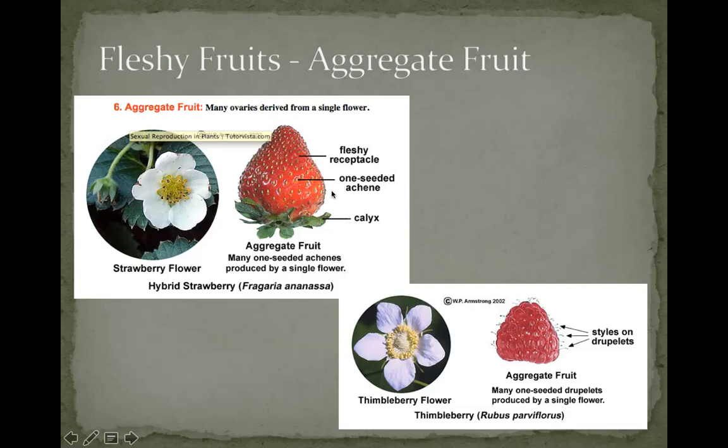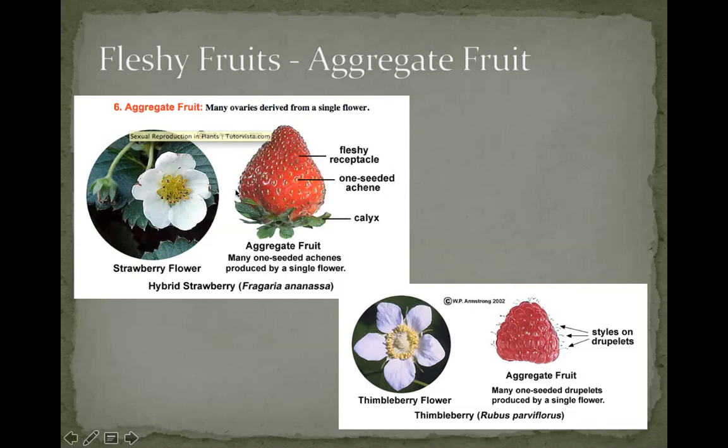A true berry only comes from one ovary from one single flower, and it results in a fruit that has a very fleshy pericarp. But for aggregate fruits, it does come from a single flower. However, that single flower has many ovaries, and those multiple ovaries kind of aggregate, hence the name aggregate fruit, or they conglomerate together to form one fleshy fruit.